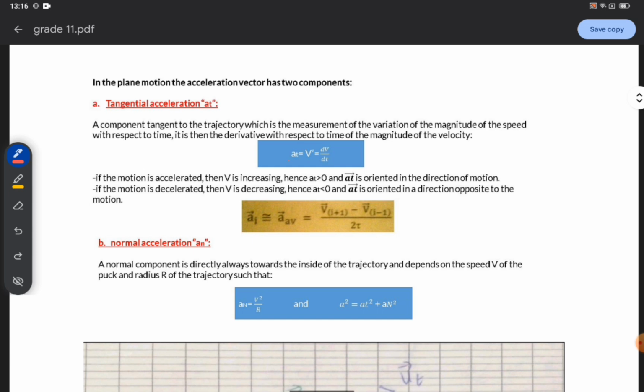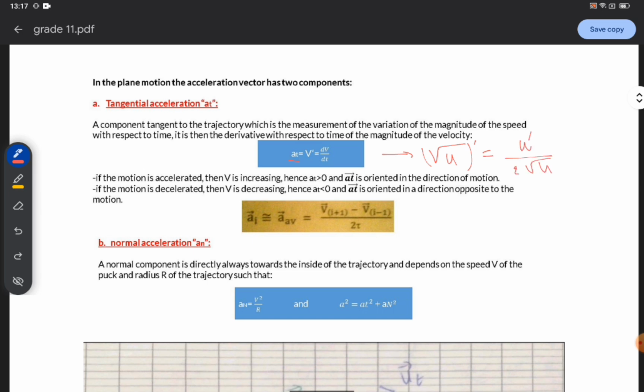So at, the tangential acceleration, is equal to the derivative of the magnitude of the velocity. In this case, we need to use the derivative of radical u. Radical u derivative is equal to u prime over 2 radical u.